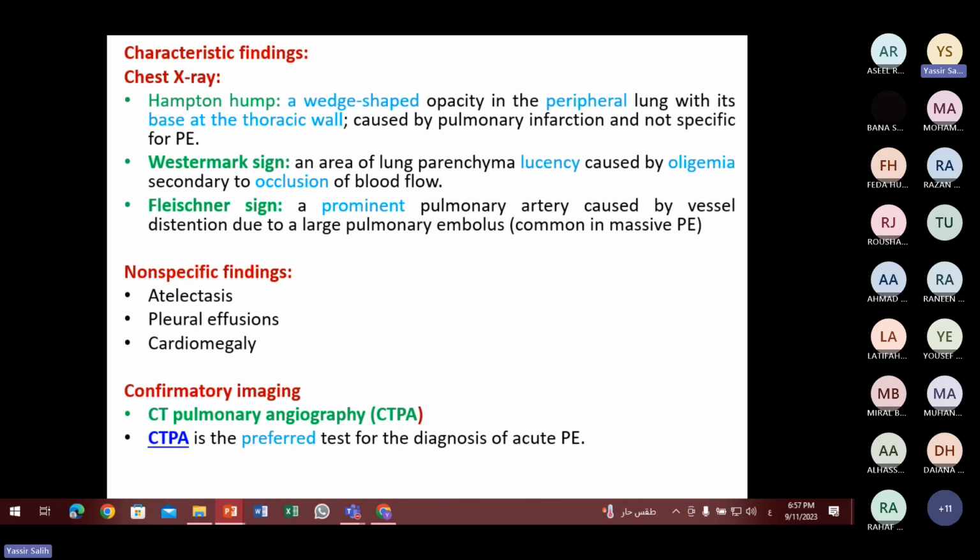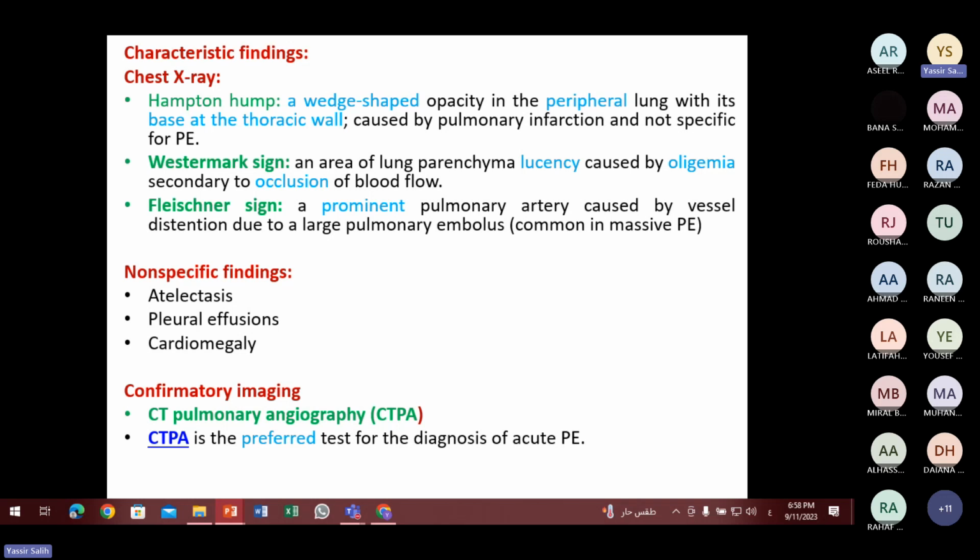Also there is the Westermark sign. In the Westermark sign we have an area of lung that is oligemic, due to occlusion of the blood vessels, with decreased blood flow.